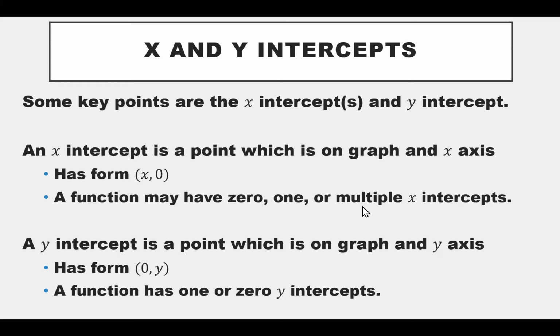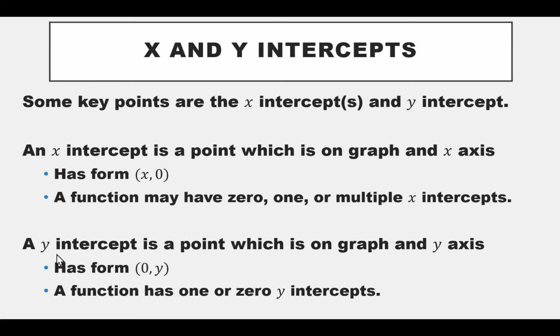And it's also true that a function can cross the x-axis multiple times. So a function can have any number of x-intercepts. It can have 0, 1, 2, 3, 4. In fact, some functions can have infinitely many x-intercepts.